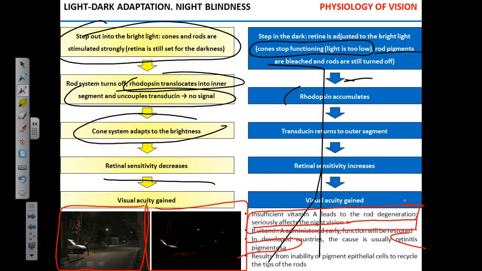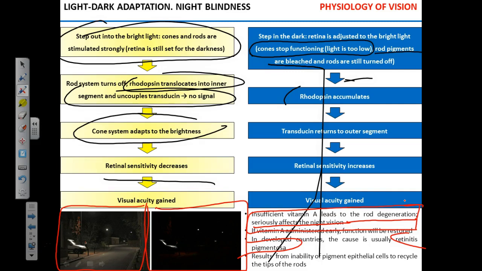When pigment cells cannot properly recycle photoreceptors, the amount of retinal that is returned into the photoreceptor cells is practically zero. So loss of retinal is enormous. A supply of vitamin A cannot possibly substitute for this loss, and people slowly lose the night vision.